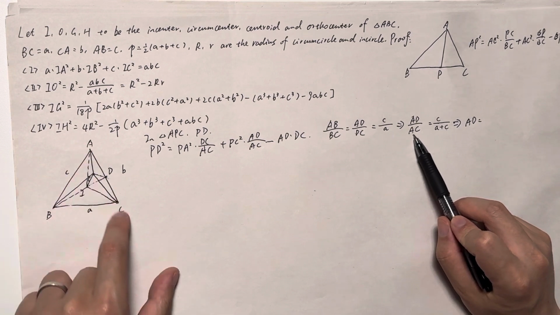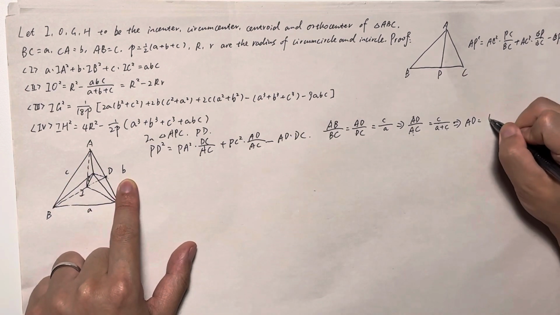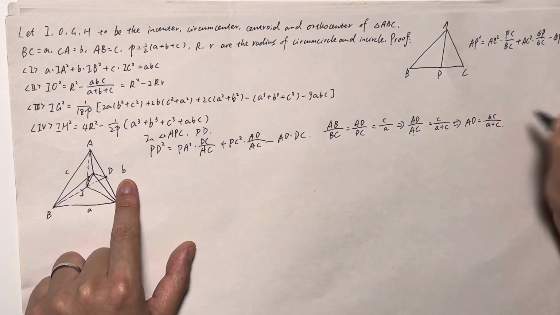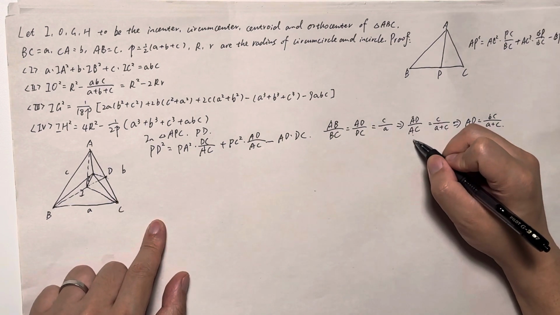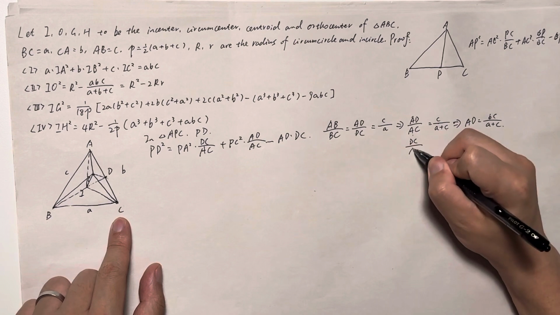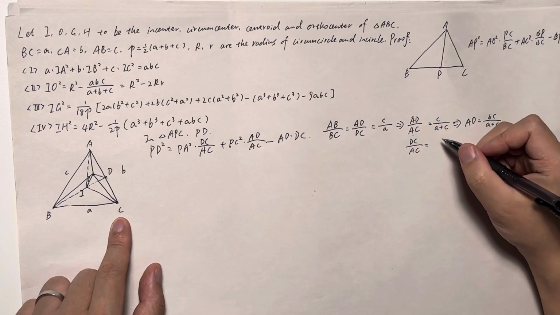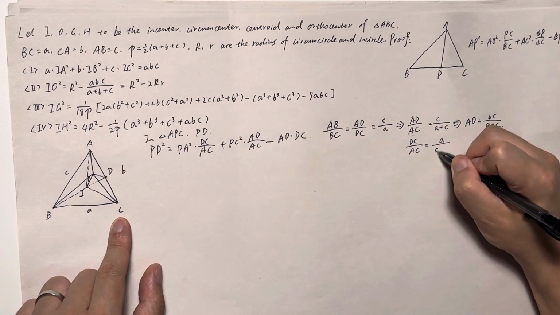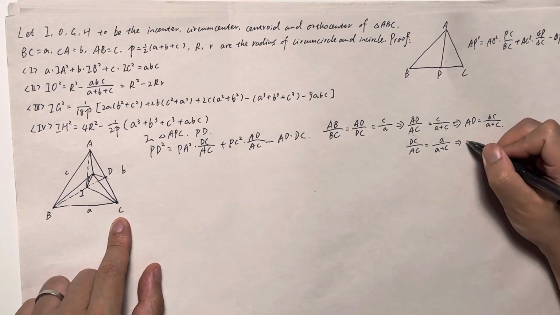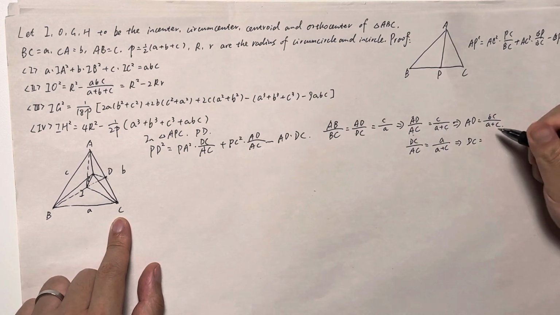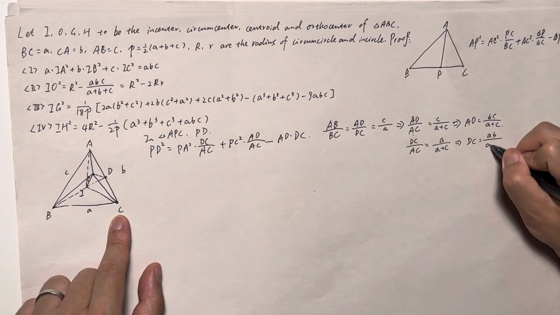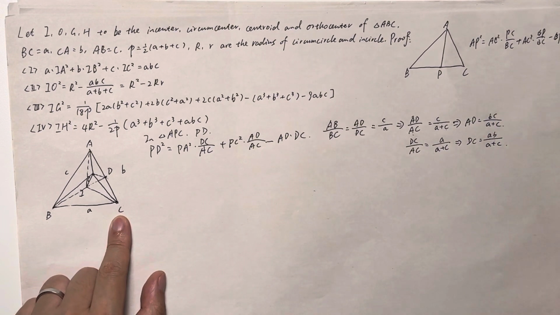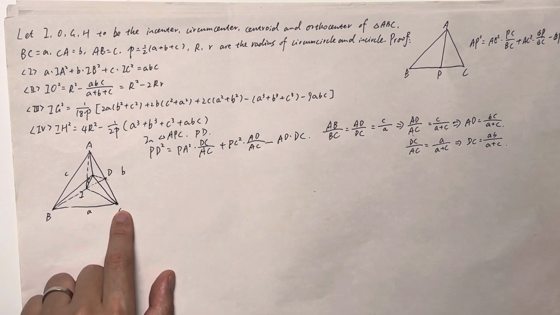The real length of AC is b, so AD is bc divided by a plus c. Similarly, DC divided by AC equals a divided by a plus c. So we got DC equals ab divided by a plus c. Right, that's the length of DC.